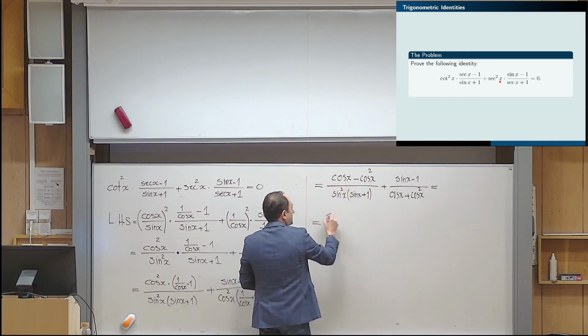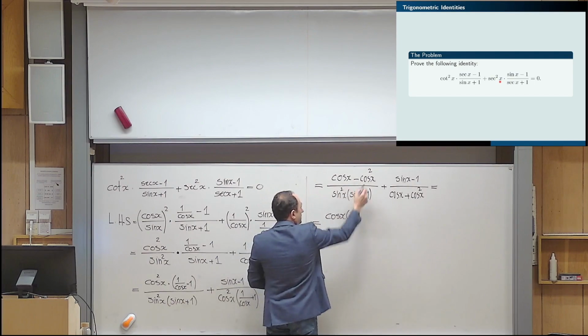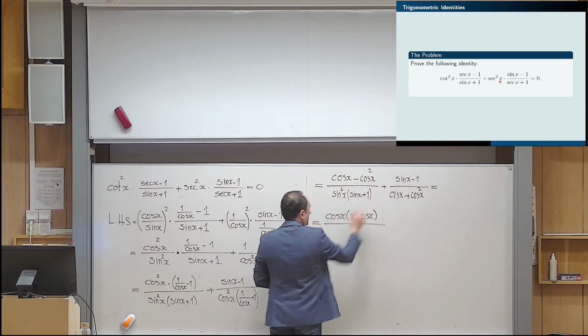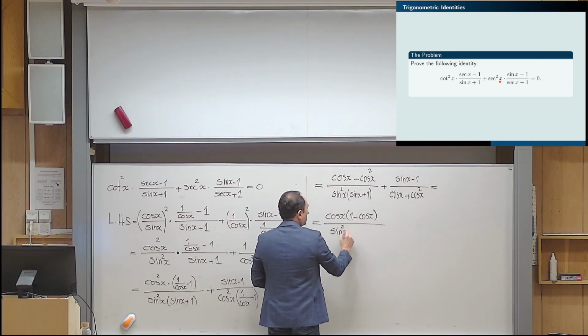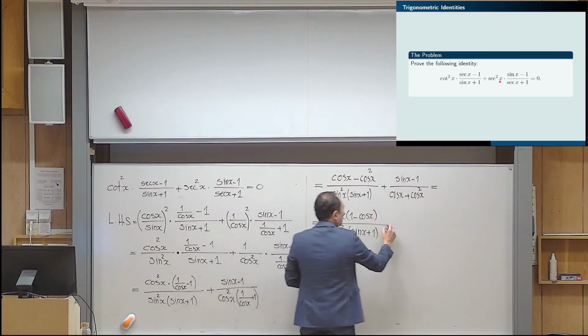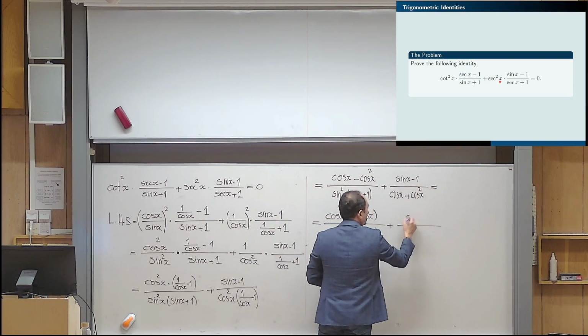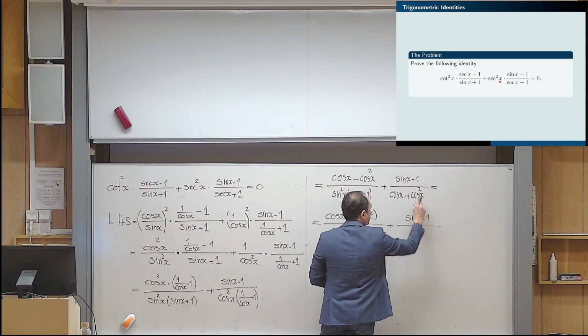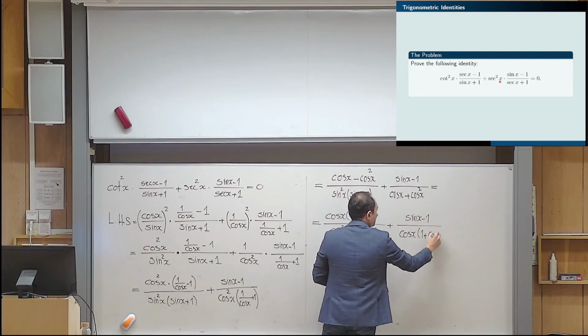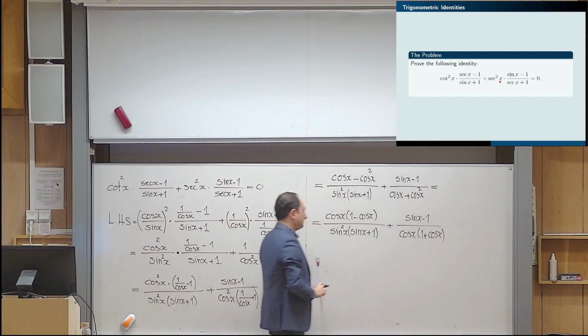So I would write this as cosine x, 1 minus cosine x. In the denominator, I copy and paste this one. But here, the numerator, I copy and paste. The denominator, I factor it out.